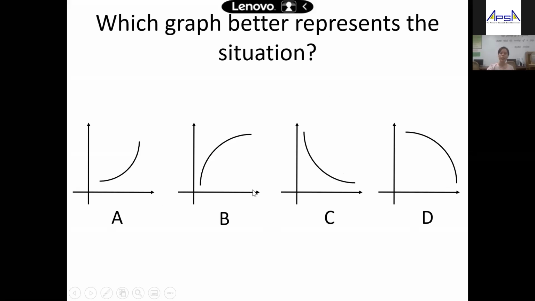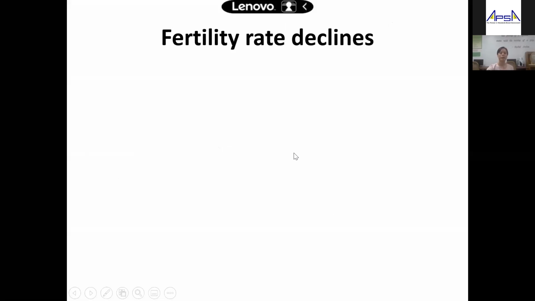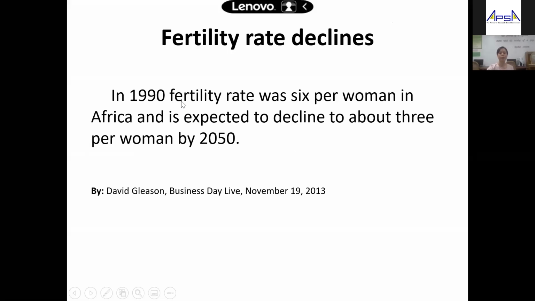So there are so many things from the news. And the thing that I want to emphasize here is, why is calculus important? Because most of the phenomena that we study have these kinds of graphs, not linear. Mostly, they're changing. So that's the reason why we're studying rates of change in calculus. Okay? Hindi yung puro lines lang. Okay. So one more. In 1990, the fertility rate was 6 per woman in Africa and is expected to decline to about 3 per woman in 2050.